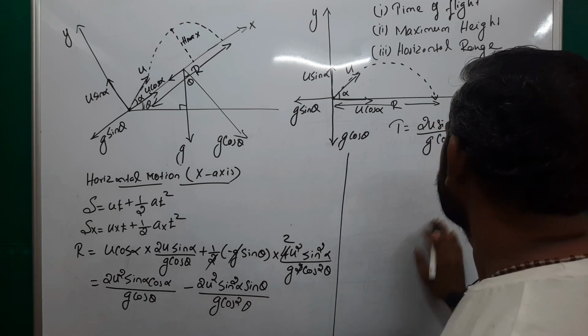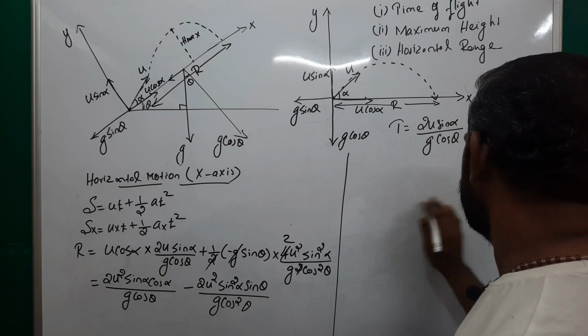So take the LCM: g cos square theta is the LCM.